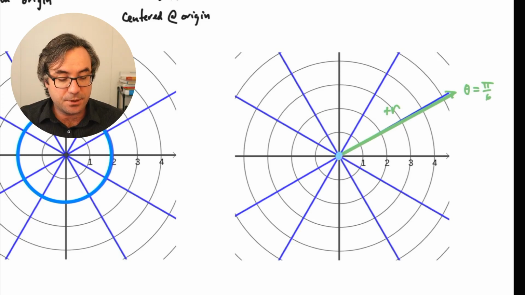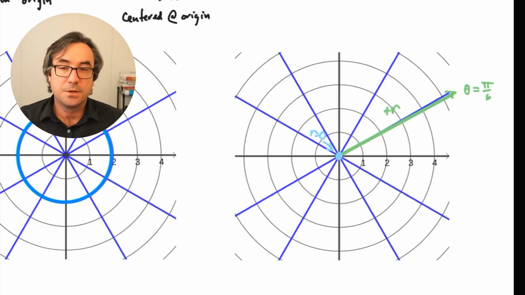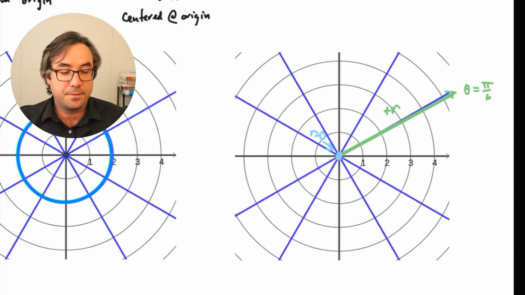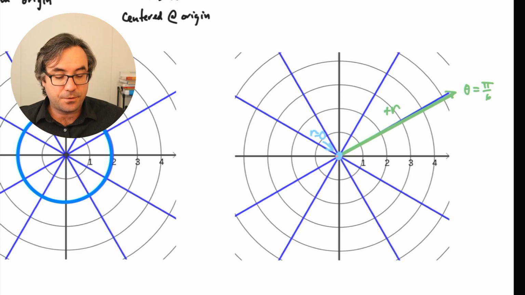R equal to 0 is perfectly valid. So that's going to fall on this collection of points. Well, if we make r negative, we get all the points over here. We reflect them through the origin. So for r negative, we get all the points over here.